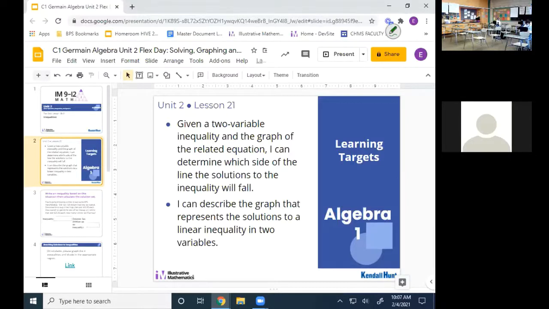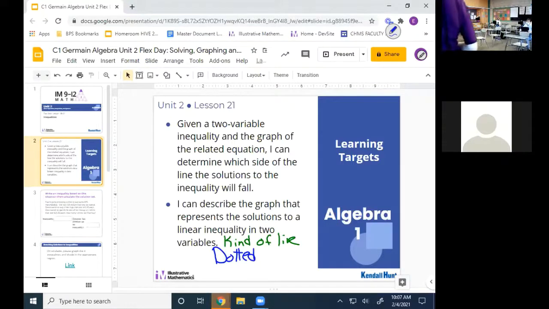When we are describing a graph of an inequality with 2 variables, there are 2 pieces I need to talk about. First, the kind of line. What were the 2 types of lines that you could have here, Junior? A dotted line or a dashed line, good.